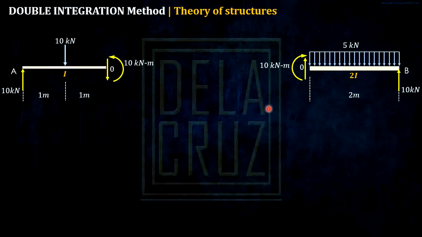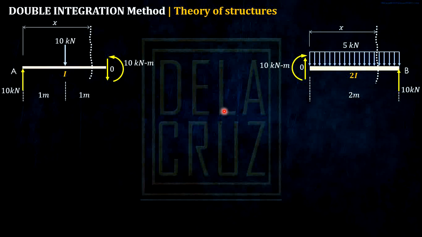So what we will do is use the double integration method. We will cut this beam so that all the loads are included. I will cut it here, and this is our distance X, referenced from the first point of the beam. Here, we will also cut it, and this will also be our X from the first point of this segment.